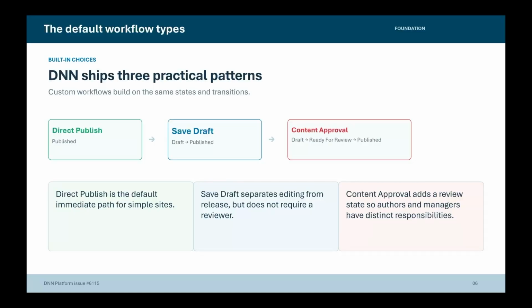More interesting is the save draft page workflow, where we have a draft, and with publishing we are moving to published, and from that point on our change is visible to everyone else. And the most sophisticated is the content approval workflow, where we have 3 stages: initial draft, then ready for review, and then publish.